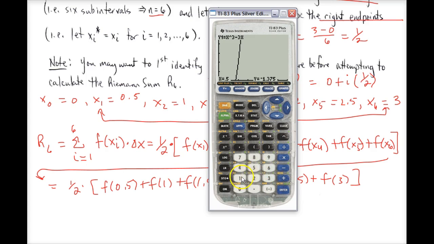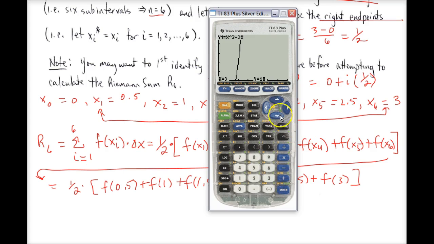And so now we'll do the same thing at 1, get negative 2, and then at 1.5, we get a negative 1.125, and then at 2, we get 2, at 2.5, we get 8.125, and at 3, we get 18.